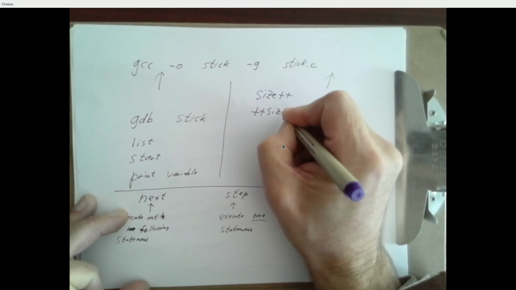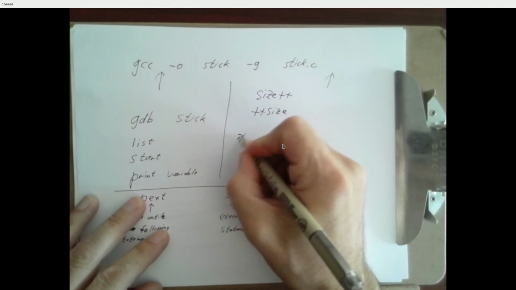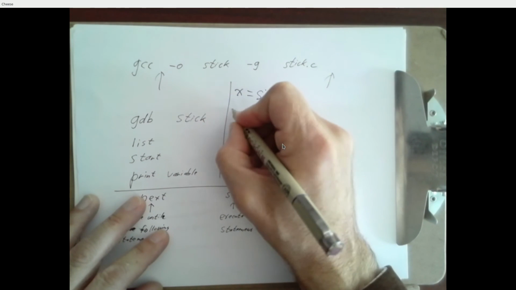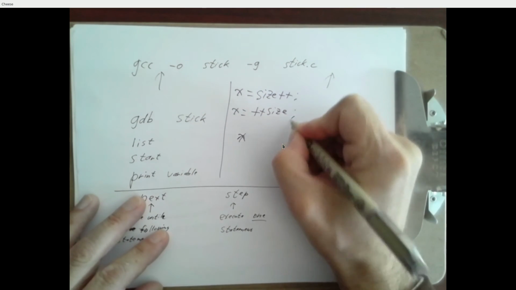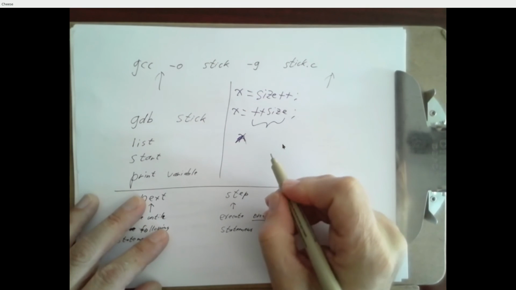What's the difference between these two things? Increase the size after, or increase the size before. Okay, after and before what? Before you use it, right? Whether you're calling it or assigning it. So if we say something like x equals size plus plus or x equals plus plus size, the effect on size is exactly the same.